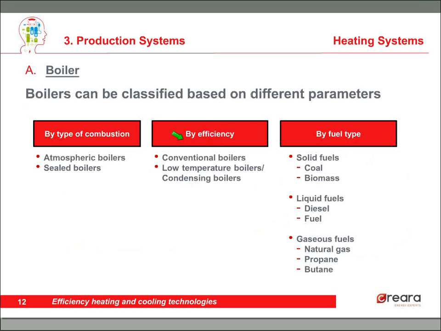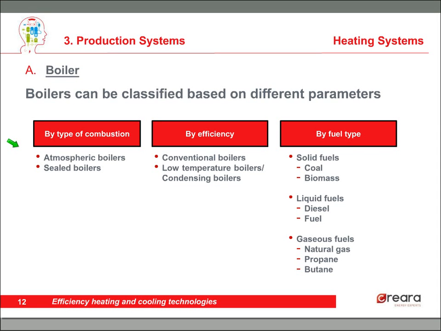So, boilers can be classified based on different parameters: by type of combustion, by efficiency, and by fuel type. By type of combustion, there are two types. Atmospheric boilers are the typical old boilers you can find in lots of buildings even today.